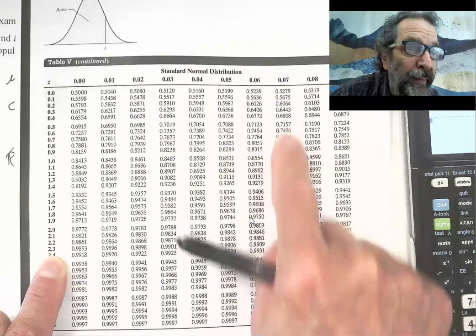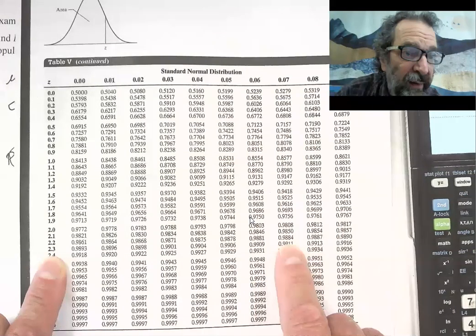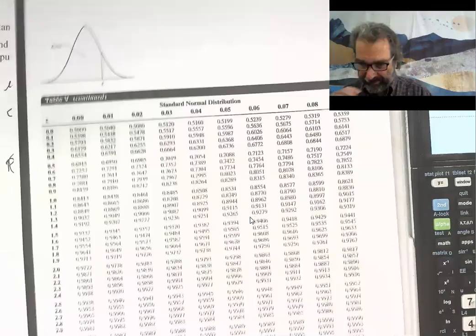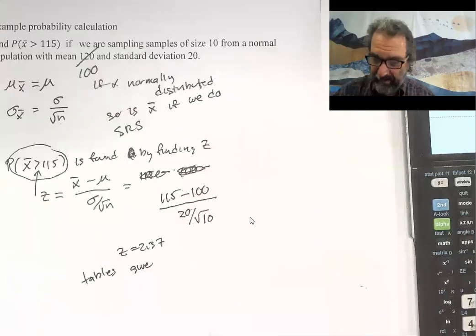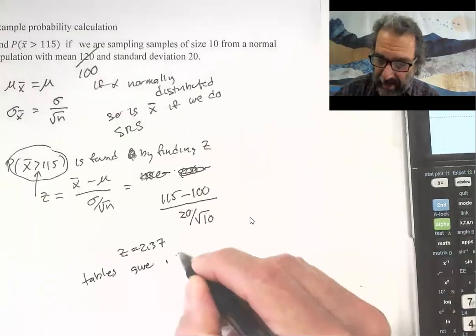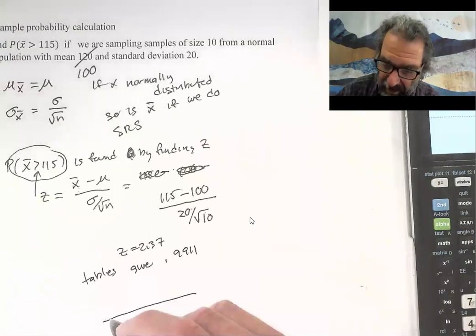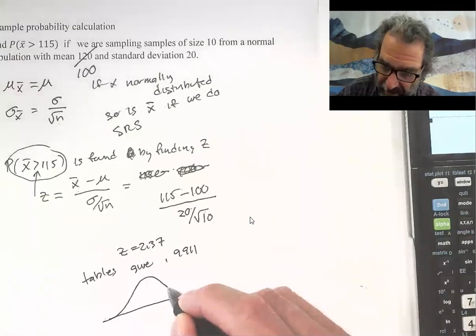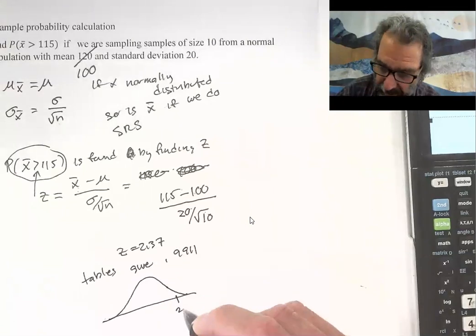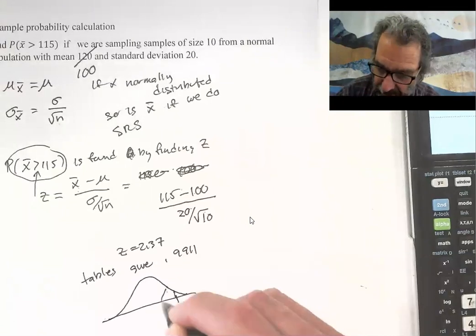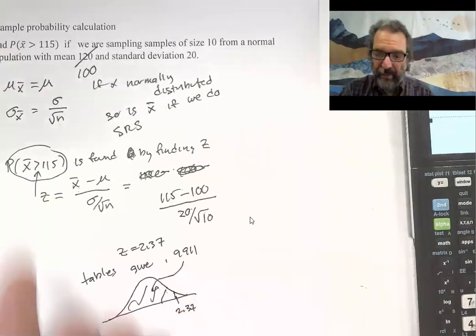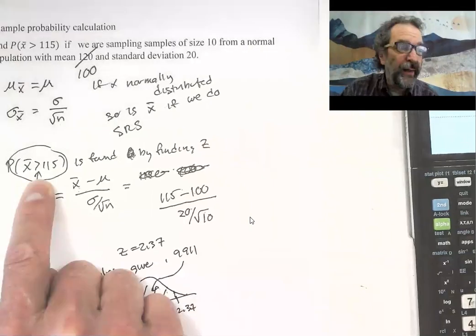There we go, 2.37: 0.9911. And so that would be the probability of being below. And we want the probability of being bigger, so I have to subtract that from 1.